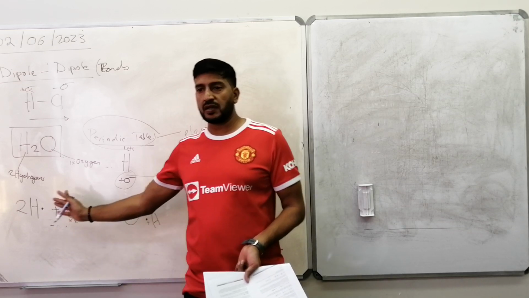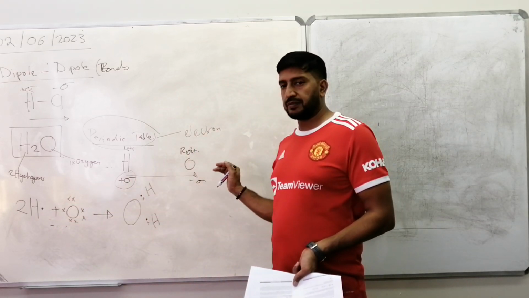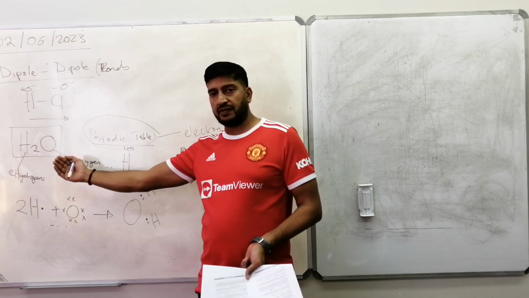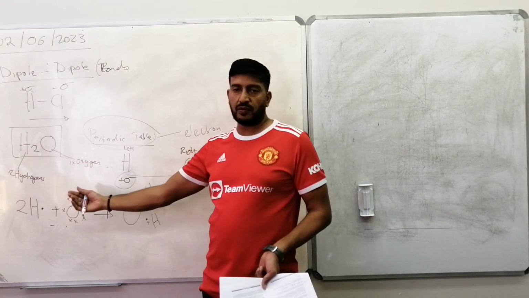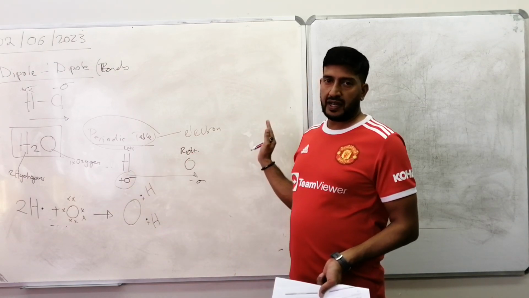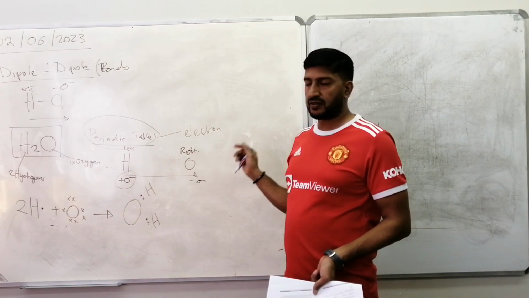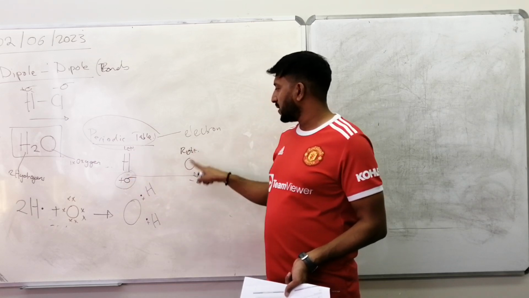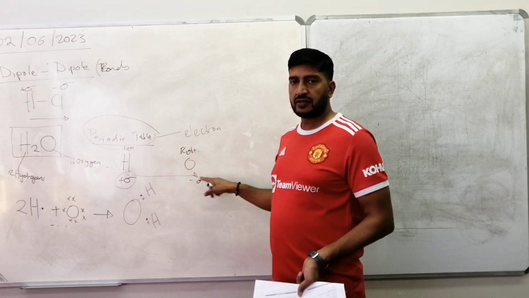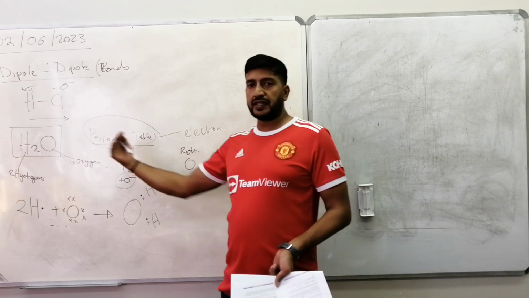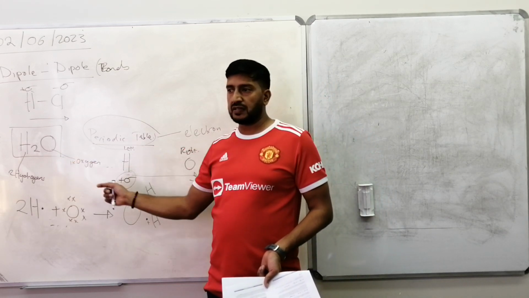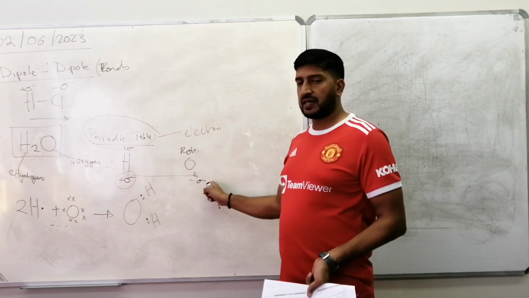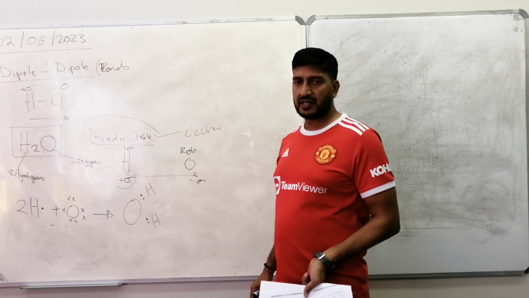In the periodic table, the elements on the far left are positive and the ones on the far right are negative. That's why I drew this arrow: when you move from left to right, you move from positive to negative. So whichever lies further to the left will be positive, and the one on the right-hand side will be negative. Do you understand?